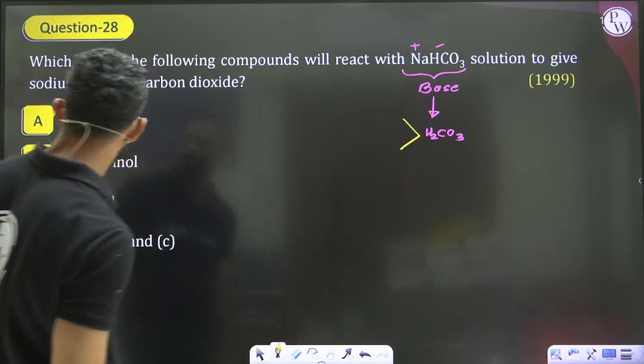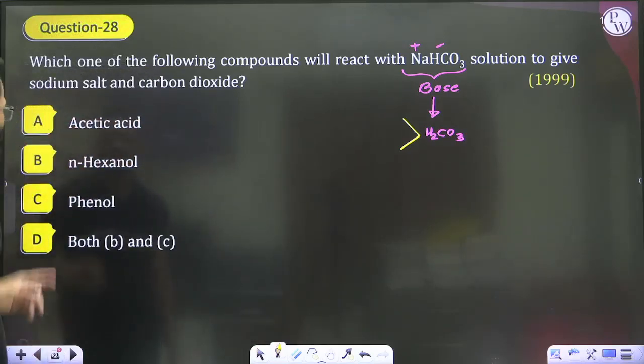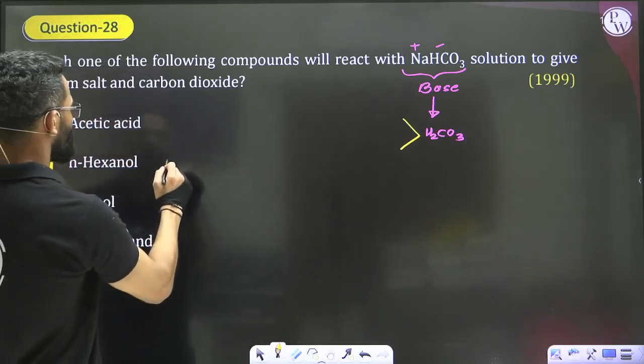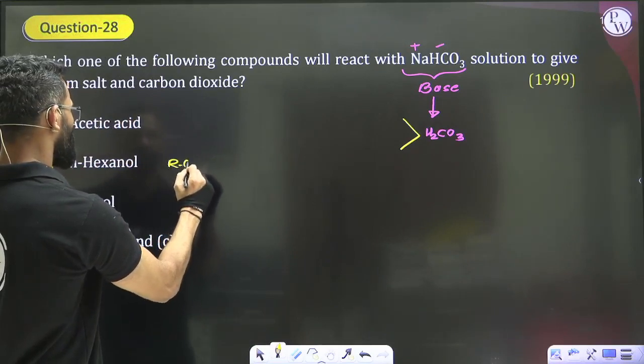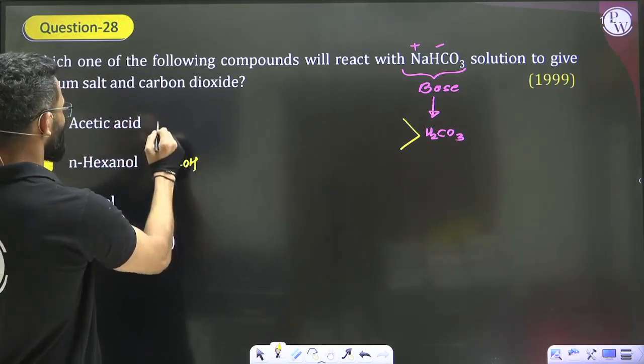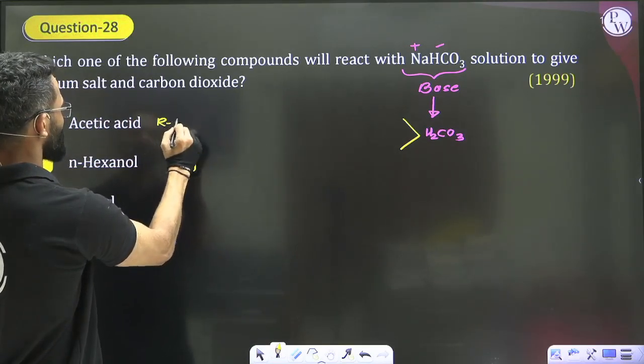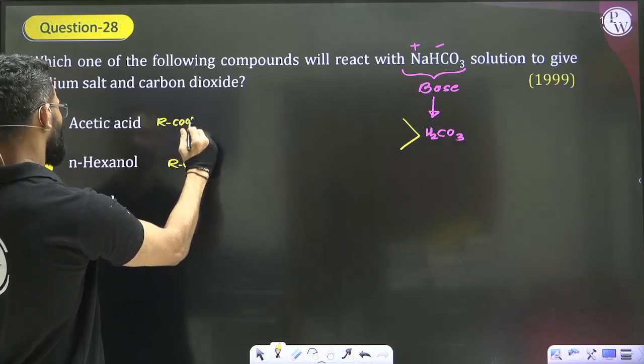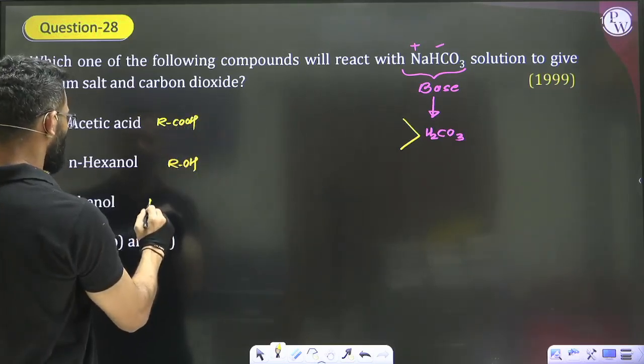So among the options given to us, the first molecule is alcohol. Another molecule is alcohol. One is acetic acid, which is a carboxylic acid. And then we are having phenol.